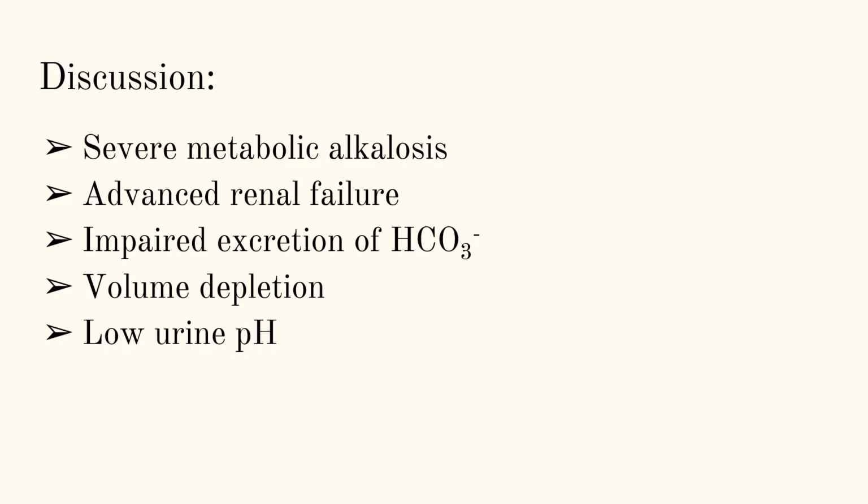So the patient had severe metabolic alkalosis with advanced renal failure. Advanced metabolic alkalosis presents an impaired ability to excrete bicarbonate in the urine, and the loss of acid or gaining of alkali should be seen. The acute kidney injury and the volume depletion led to decreases in the glomerular filtration rate, which would lead to a reduced rate of bicarbonate excretion in the urine.